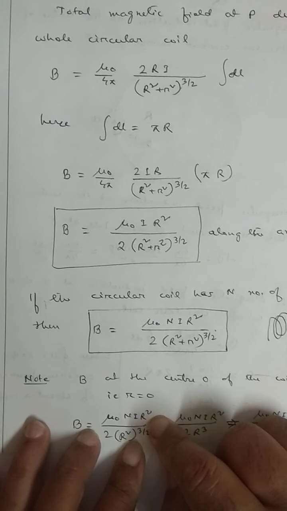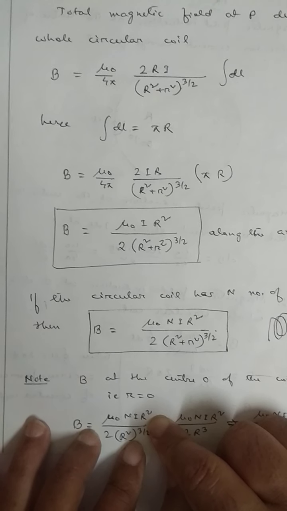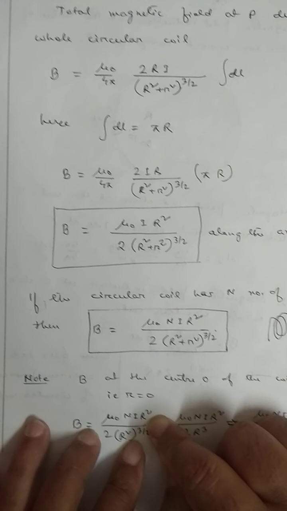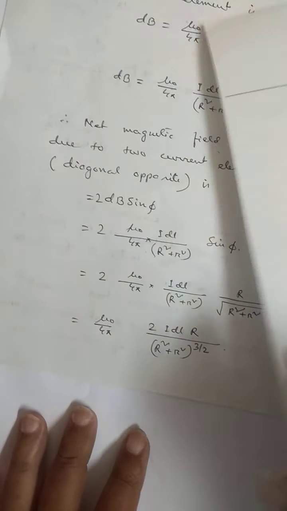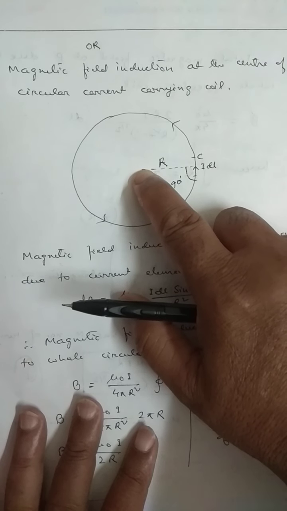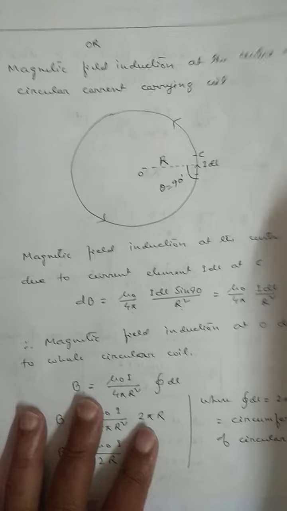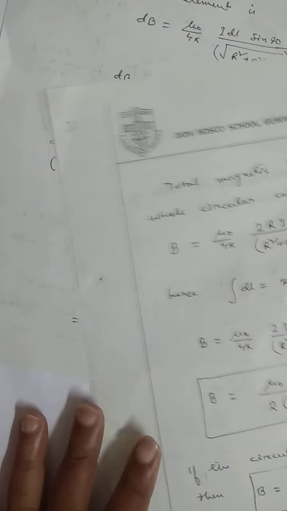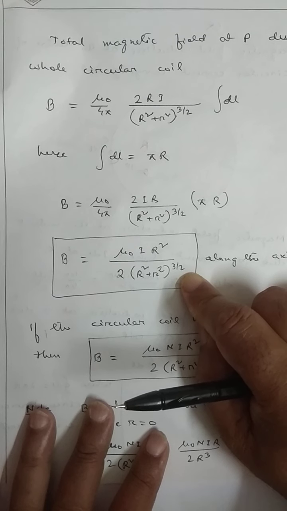But sometimes in the examination, they ask to calculate the value of magnetic field induction at the center of the circular coil instead of asking the value at an axial point. So if they directly ask for the value at the center of the circular coil, we should follow this method. In this method, only 2 marks are given, but if they ask to find magnetic field induction at an axial point, 4 marks will be given to you.